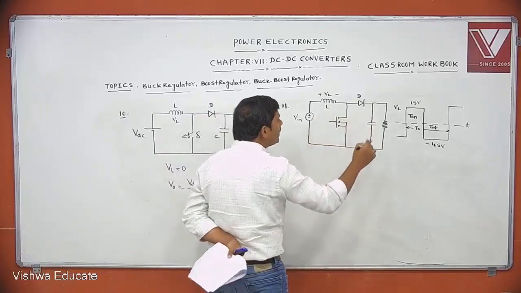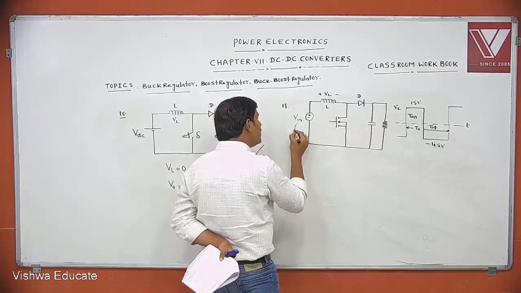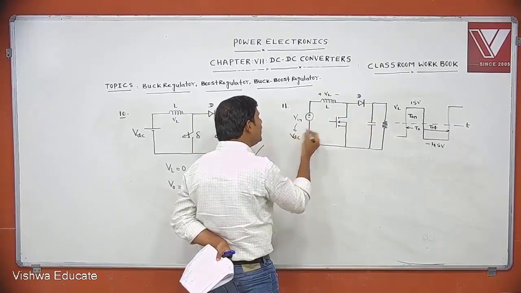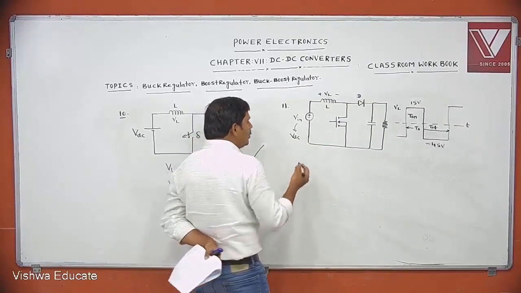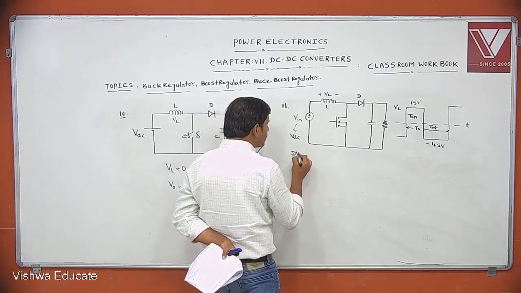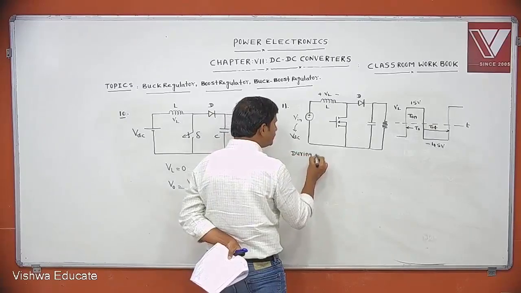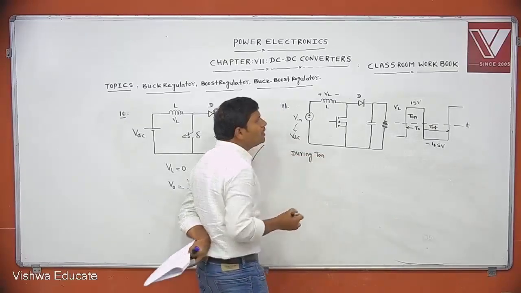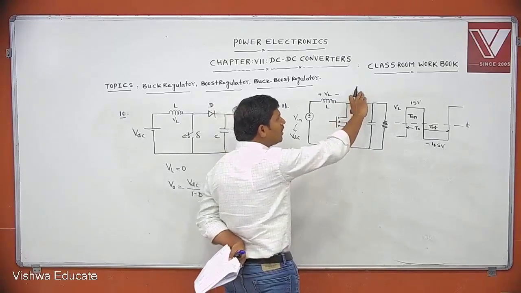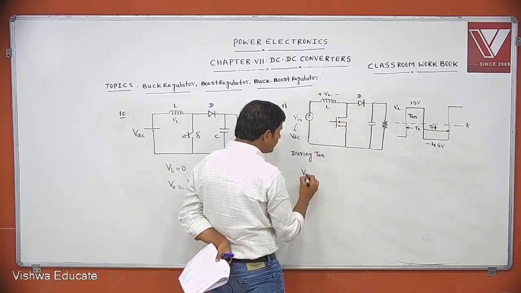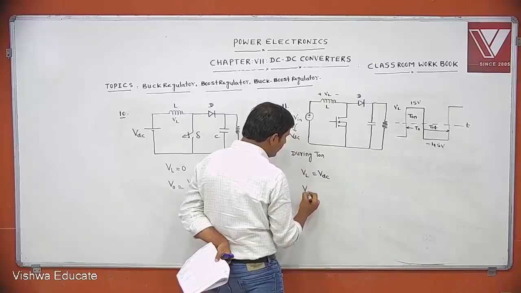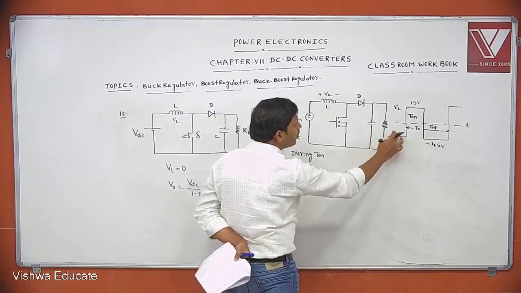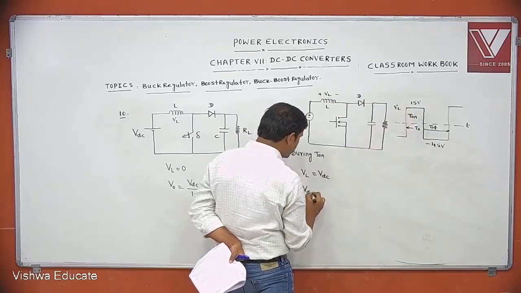Given is which regulator? Boost regulator. Here this is Vin, or I am assuming VDC. During the on state, during T on, the switch is on means the diode is off. Then what is the relation? You know, VL equals VDC. This is how much? 15 volts.